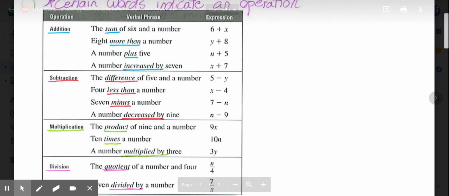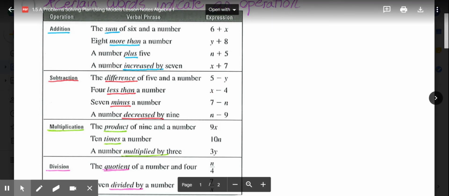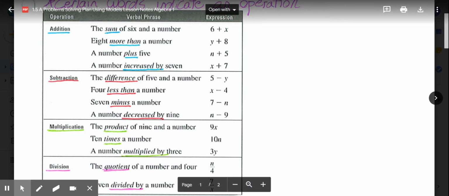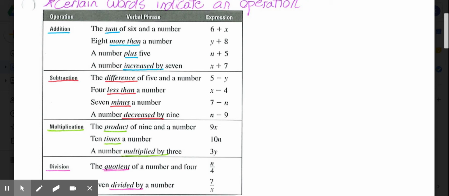4 less than a number. That would be written as x minus 4, because the 4 is less than, meaning that's what we're taking away, so 4 less than a number. 7 minus a number, again, order matters in subtraction.